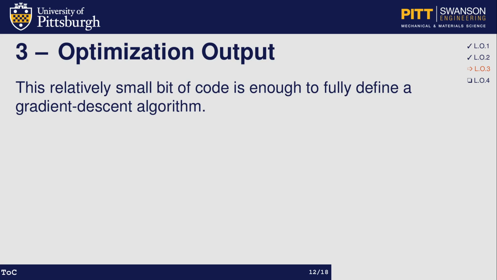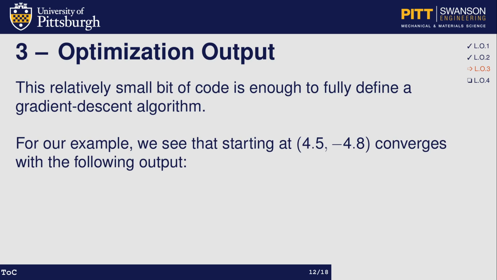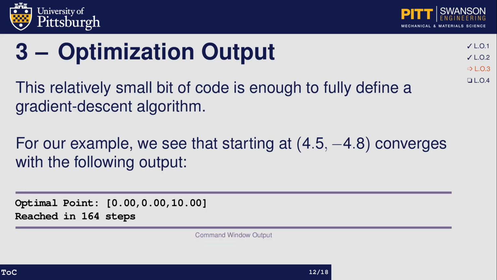Now notice, this is enough to fully define a gradient descent algorithm. For our example, we see here that starting at 4.5 and negative 4.8 converges to the following output. The optimal point is 0, 0, 10, which, if we recall back to the equation, should make sense. And it reached it in 164 steps.